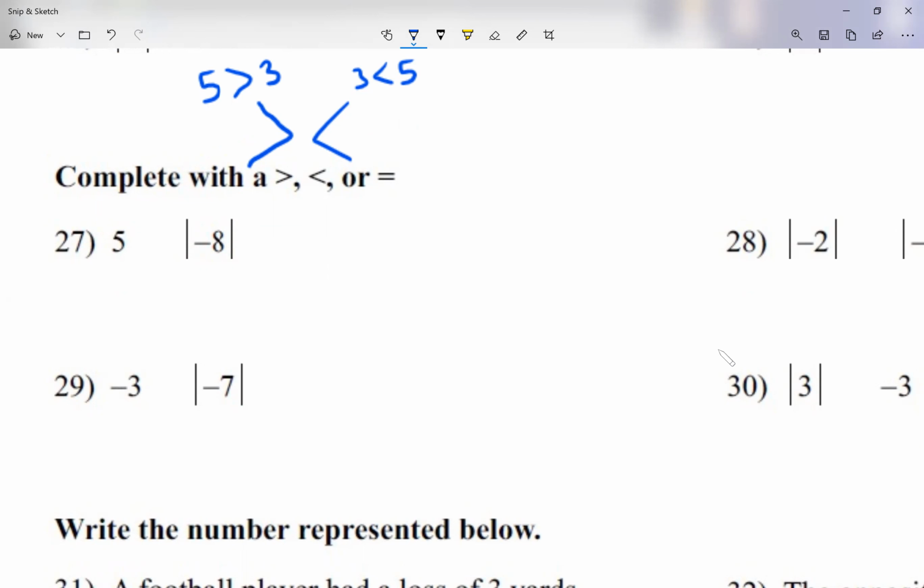Looking at number 27, the 5, let me leave the 5 alone. But then the absolute value of -8, I'm going to convert that to +8. An absolute value makes everything positive, right? Absolute value is basically the distance from 0. Distance is always positive. So I'm comparing 5 and 8. I know 8 is bigger.